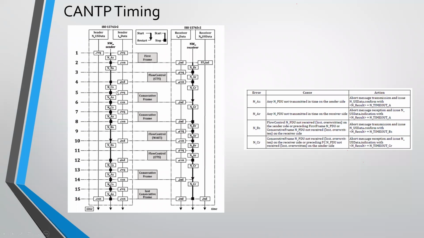Suppose there's a problem in the software and in that time period you couldn't send the consecutive frame, then what will happen? You said there is no error, so how will the behavior be? That is the coder's responsibility, to actually send the data.